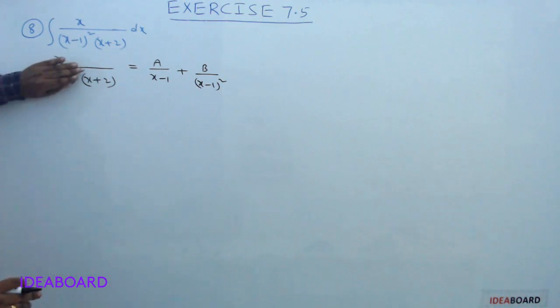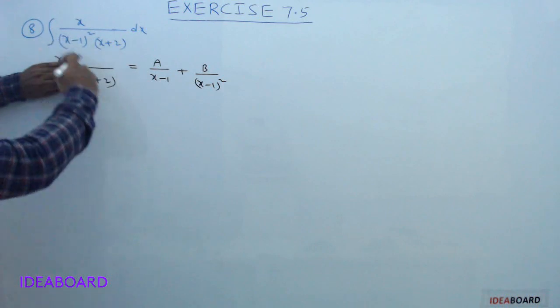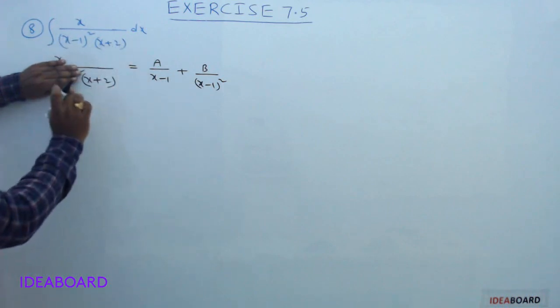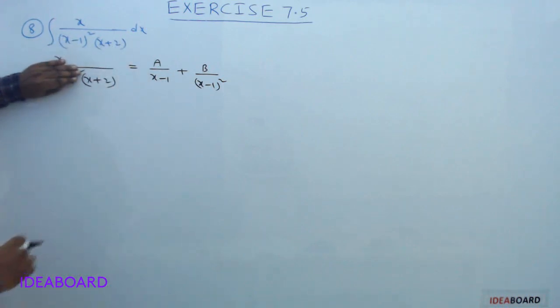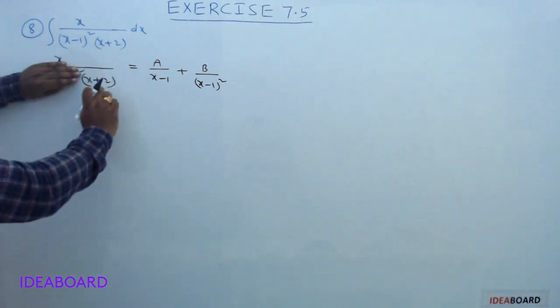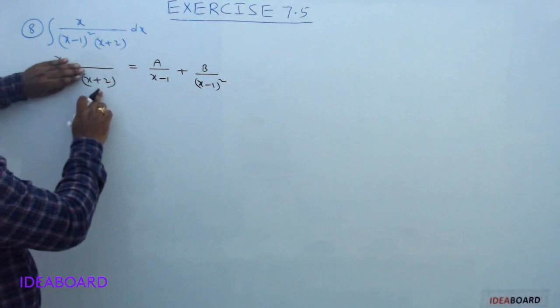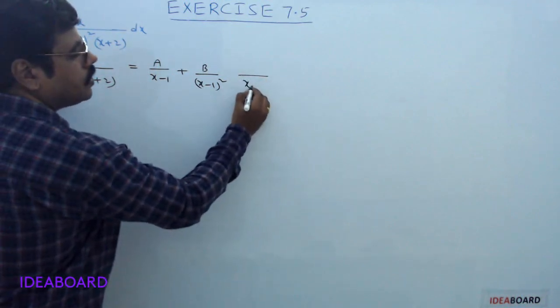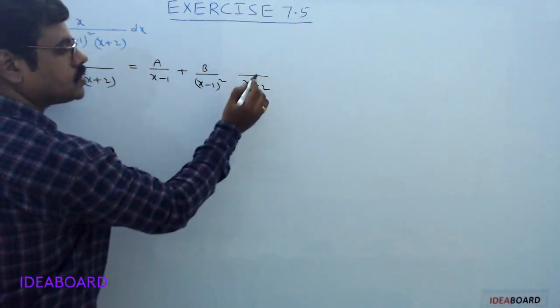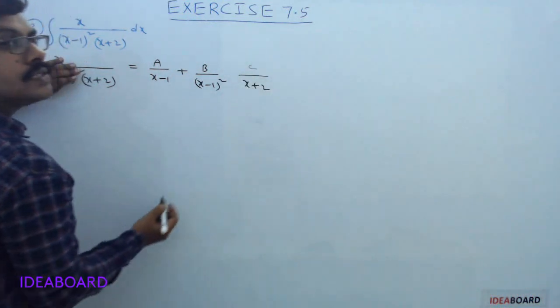Now close this repeated linear factor. Then it will be exclusively type 1 partial fractions. Now corresponding to this non-repeated linear factor, there exists a constant term in its numerator. Take it as c.